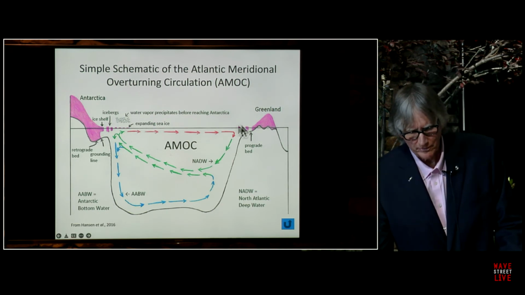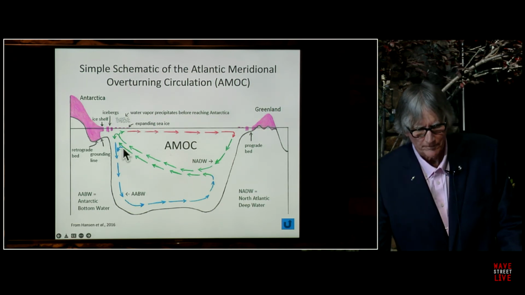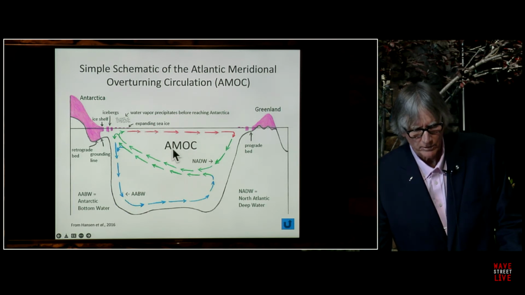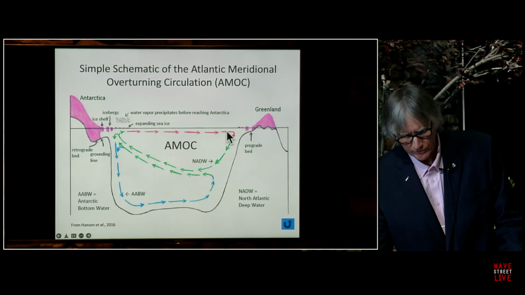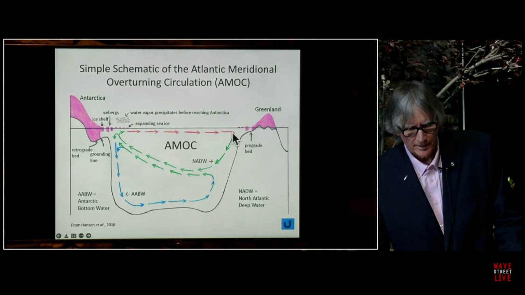So this is Greenland here, this is Antarctica here. The warm part here, you can think of as being the Gulf Stream. It's warm, salty water moving north, where it sinks south of Greenland, and then it flows all the way along, at mid-depths here, back to Antarctica, and it makes a loop here.